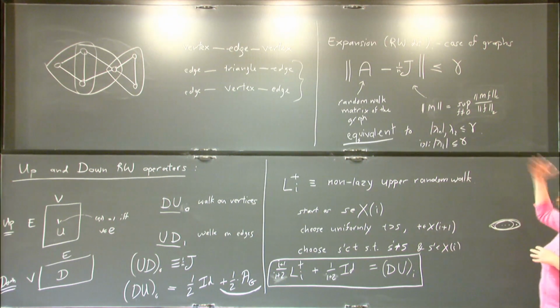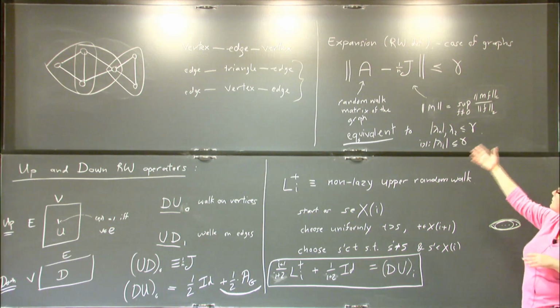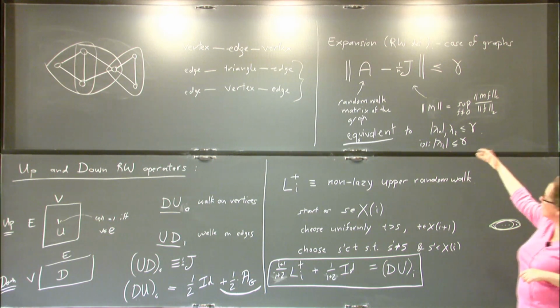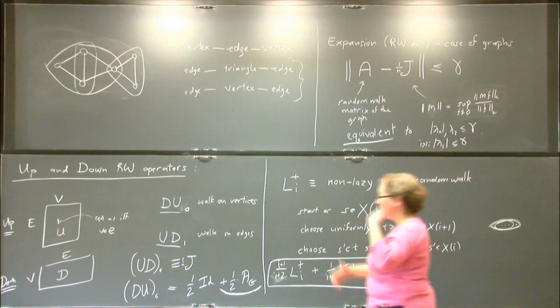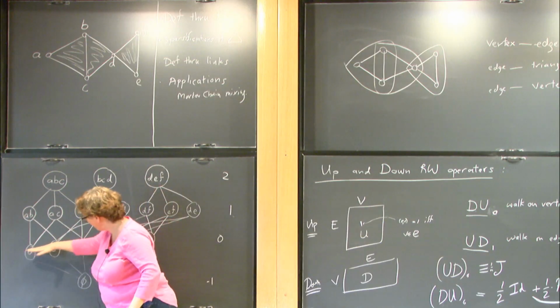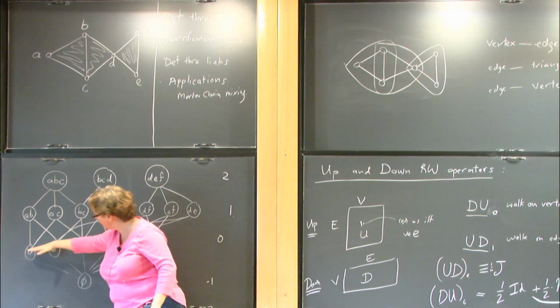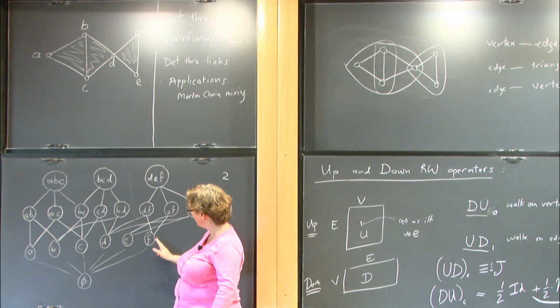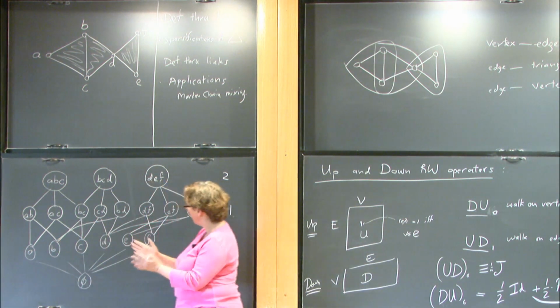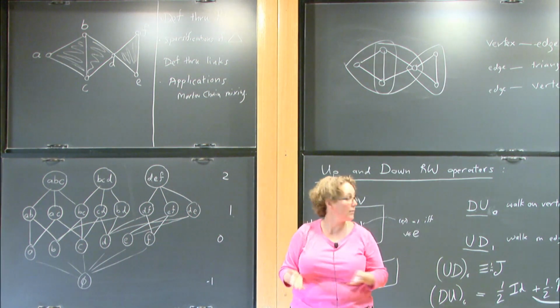And so the standard definition of expansion just says that L0 approximates what? Approximates the down up. So really, the definition of expansion says that there are two random walks on the vertex level. One of them is the L plus, and one of them is the down up, and they are the same up to some gamma.